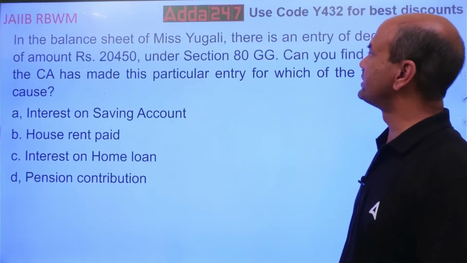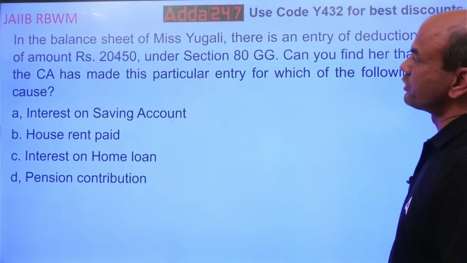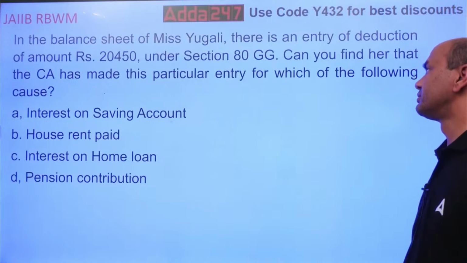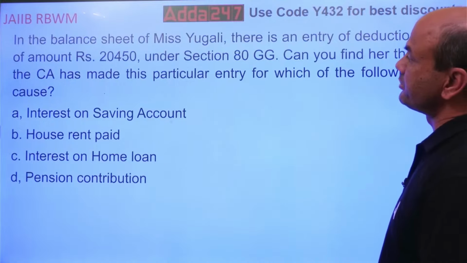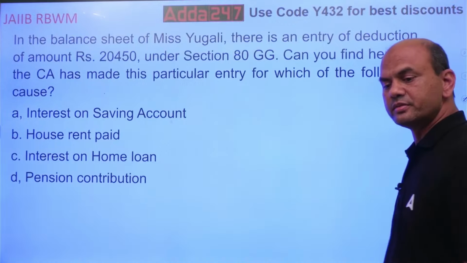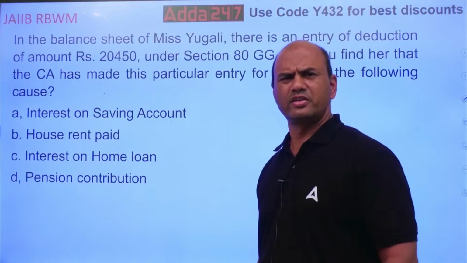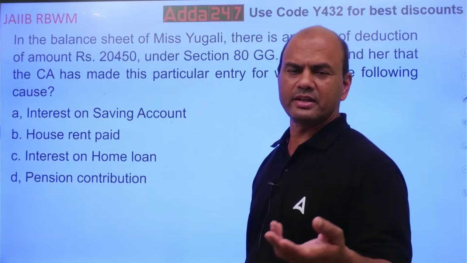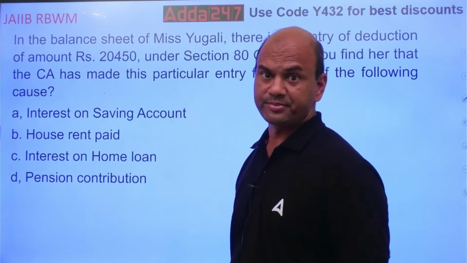In the balance sheet of Miss Yugali, there is an entry of deduction of rupees 20,450 under section 80GG. Can you find out for which of the following the CA has made this particular entry? So, there is an entry in the balance sheet. You can call it balance sheet or in your own accounts. Whenever you will be filing the income tax returns, CA will make certain entries under certain sections.